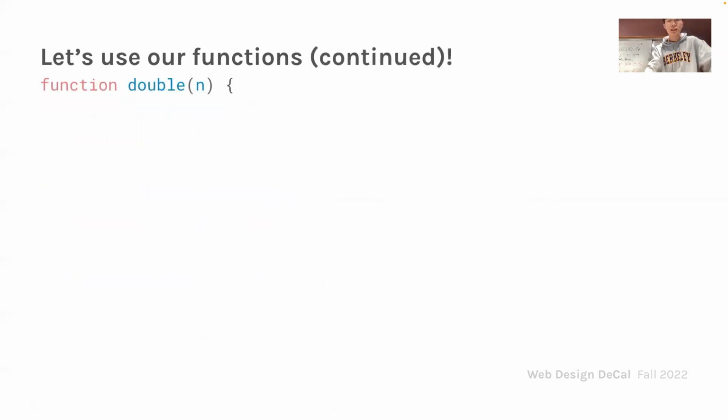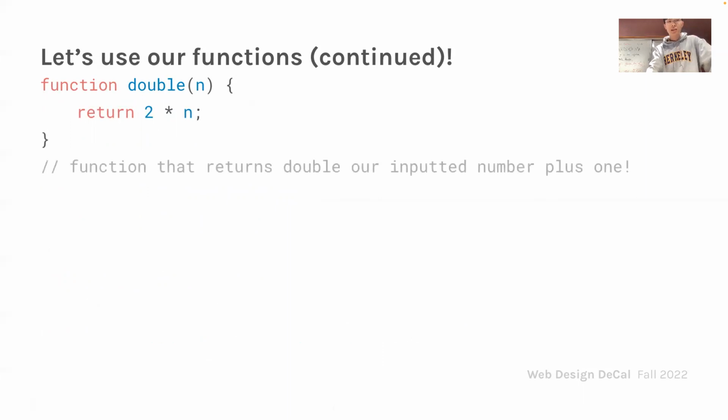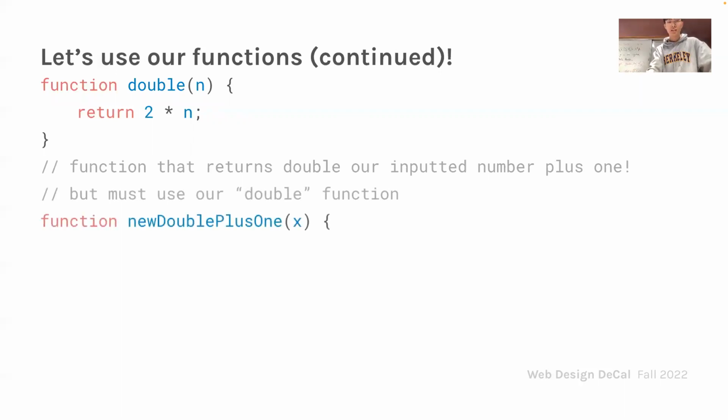All right. And just to expand on this a little, let's say we have this double function and we want to create a double plus 1 function that uses our currently defined double function. So again, we're going to call this new double plus 1.